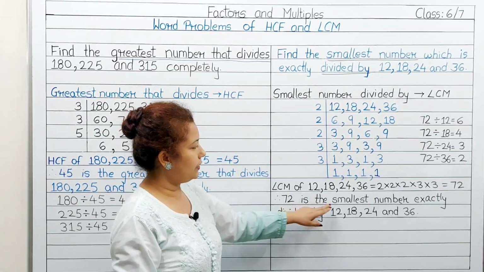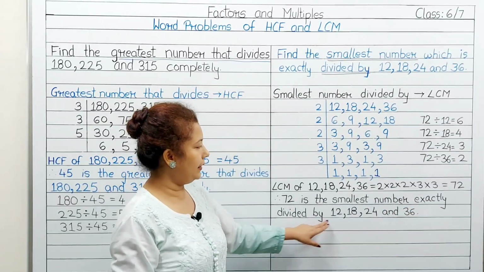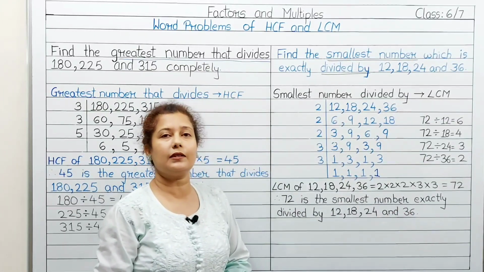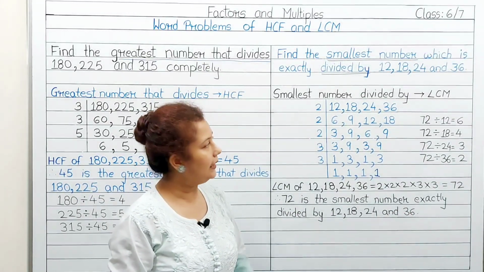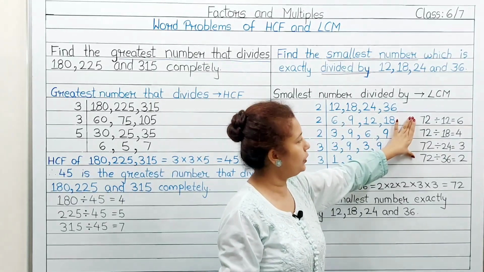Therefore, 72 is the smallest number exactly divided by 12, 18, 24 and 36. So this is the last part of the sum. Again, just to verify, I am giving this explanation to you.